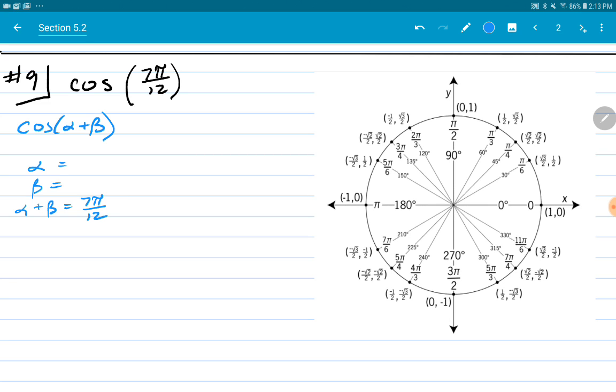So 7 pi over 12 is not a standard angle of our unit circle, which is why we want to use this sum to find the exact value. Using our unit circle, we always have these reduced radian measures.